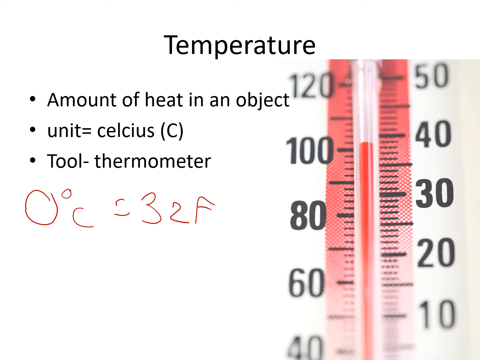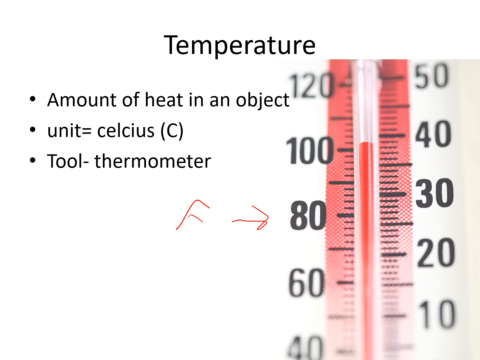Well, when you look at a classic thermometer, you will see two sets of numbers. And if you'll notice, one goes by 20s and the other tends to go by tens. Well, on the side that goes by 20s, this side here, that is degrees Fahrenheit.